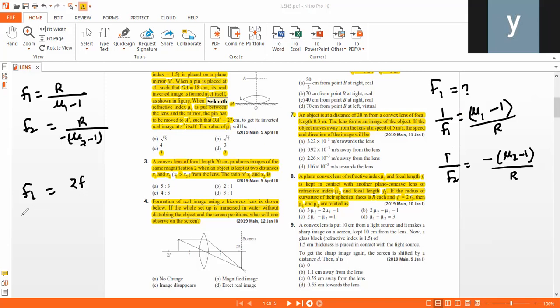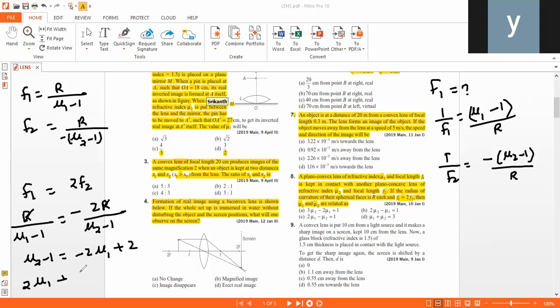That means R by mu1 minus 1 is equal to minus 2R by mu2 minus 1. Upon calculation, we'll get mu2 minus 1 is equal to minus 2 mu1 plus 2. So it is 2 mu1 plus mu2 is equal to 3.